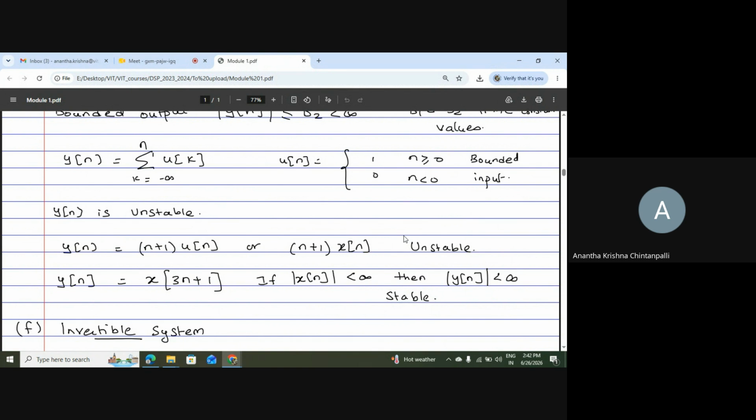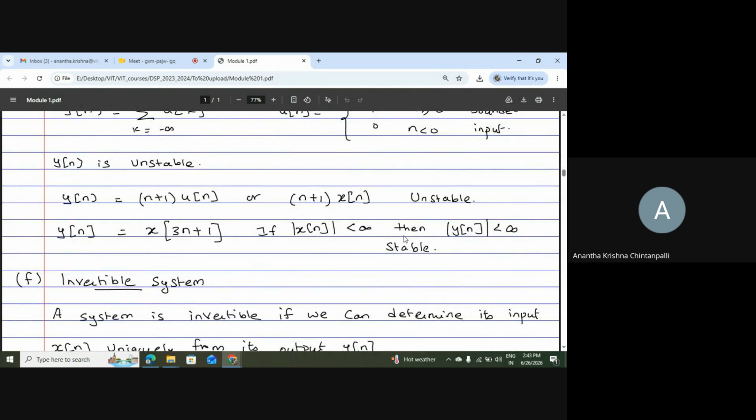The point here is a very important concept: you will not pass an unstable input to a system, because there is no point in doing that. So here you will assume that x of n is a bounded input, but still, because of the n plus 1 there, it is going to be an unstable system.